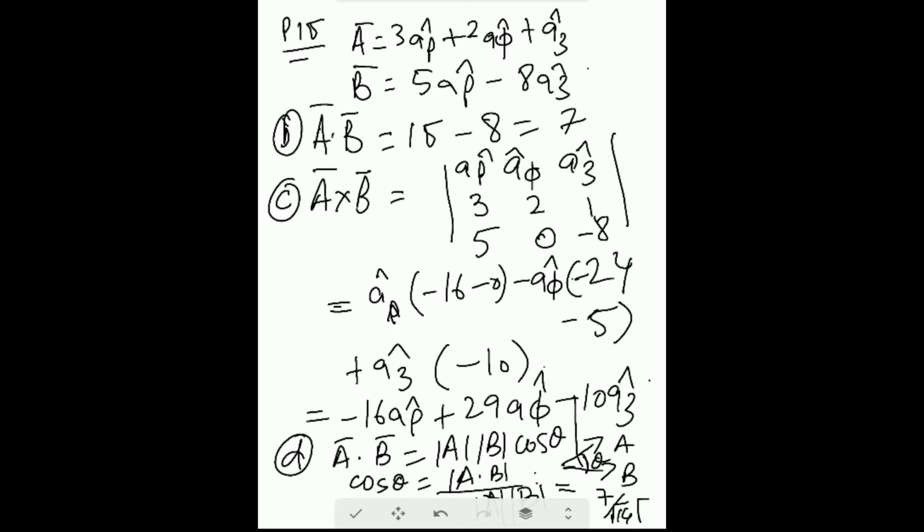Let me just calculate it, I can use my calculator here. So 25 plus 64 will be 89, square root.